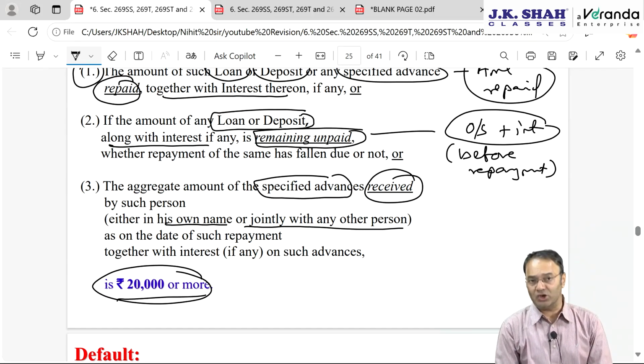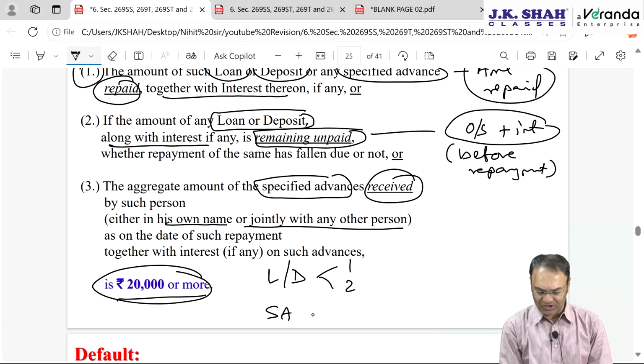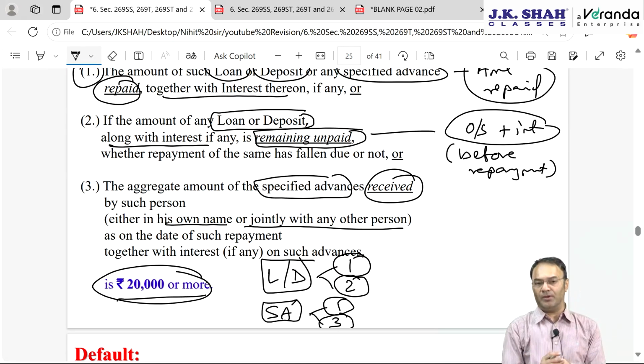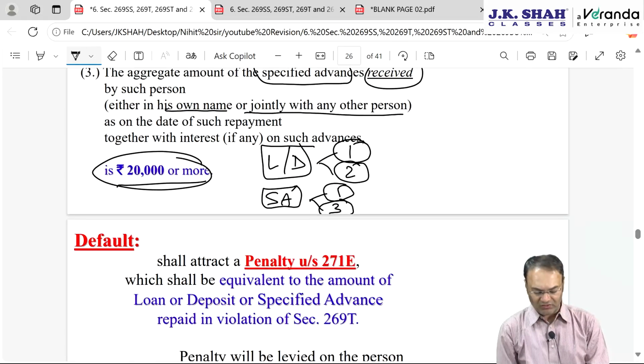So, for loan and deposit, point number 1 and point number 2 are applicable. But for specified advance, point number 1 and point number 3 are applicable. Loan and deposit: amount repaid is 20,000 or more, amount outstanding before repayment is 20,000 or more. For specified advance: amount repaid is 20,000 or more, amount received till now is 20,000 or more. That is the difference.